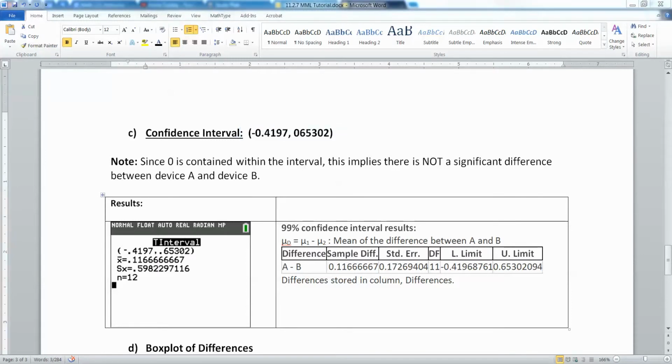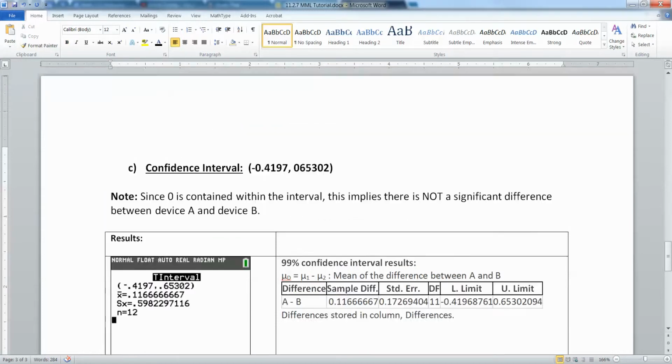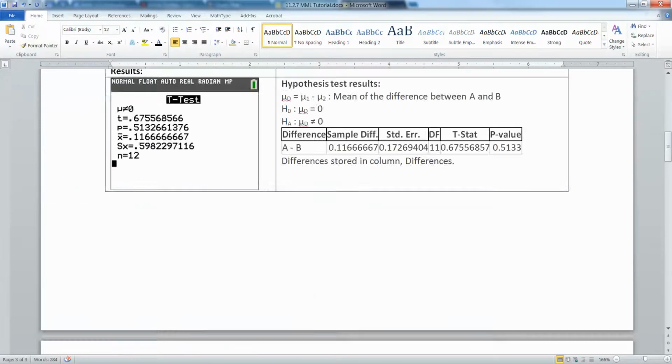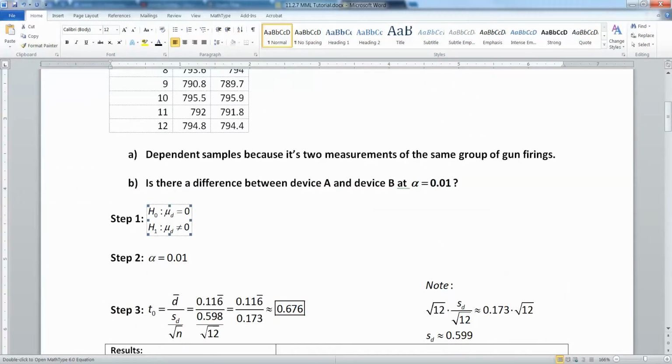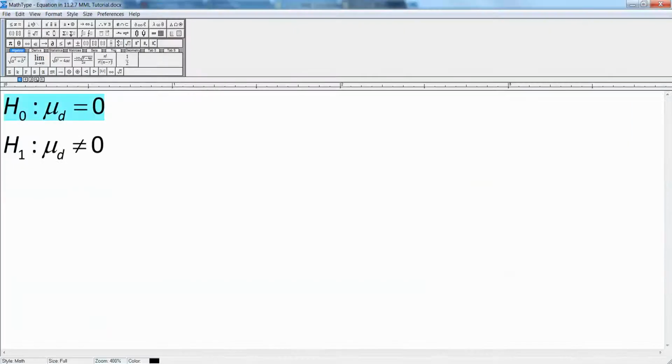Now it asks us to interpret this, so let's think about that for a second. If you have 0 in the interval, see how 0 is in this interval? That means that there's not a significant difference. A significant difference to you is the alternative hypothesis, that mu d is not equal to 0. If you have 0 in your interval, then you're sticking with the null hypothesis, because you can't prove it otherwise.